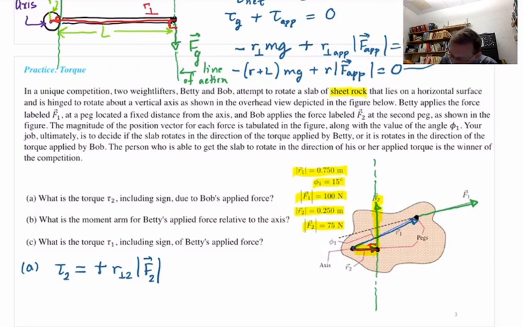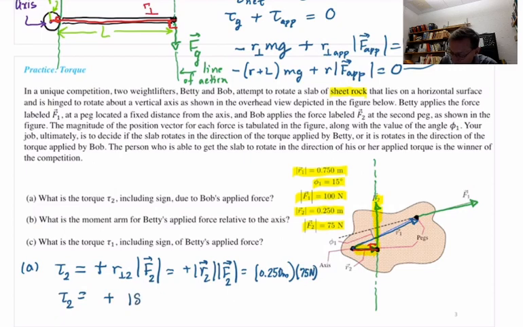So that's the moment arm, R perp 2, plus magnitude R2 times magnitude F2. So that's 0.250 meters times 75 newtons. And you get tau 2 equals positive 18.75 Newton meter. Okay? And we've done part A.